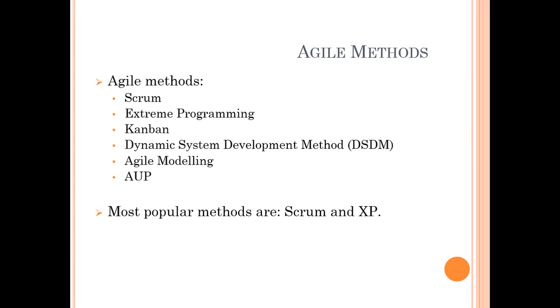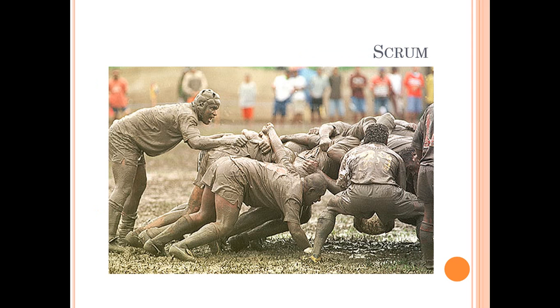It can be implemented using various methods: Scrum, Extreme Programming, that is XP, then Kanban, Lean Kanban, very famous in Japan or some parts of US, then Dynamic System Development Method, DSDM, Agile Modeling, and AUP, Agile Unified Process. But the most wide implementation of Agile is using Scrum and XP. That's why IT folks know Scrum is Agile. So basically today we'll be talking about the Scrum framework.